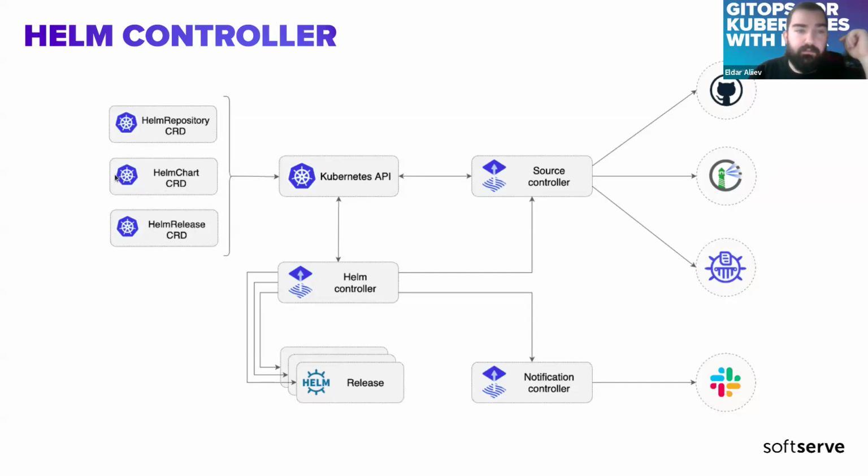But in some cases, you can omit usage of this Helm chart resource. Not really omit, but not create it on your own and deal only with the Helm release. So the Helm release resource will create the Helm chart resource based on your template, like we have with deployments or stateful sets in Kubernetes. So it depends on your needs.